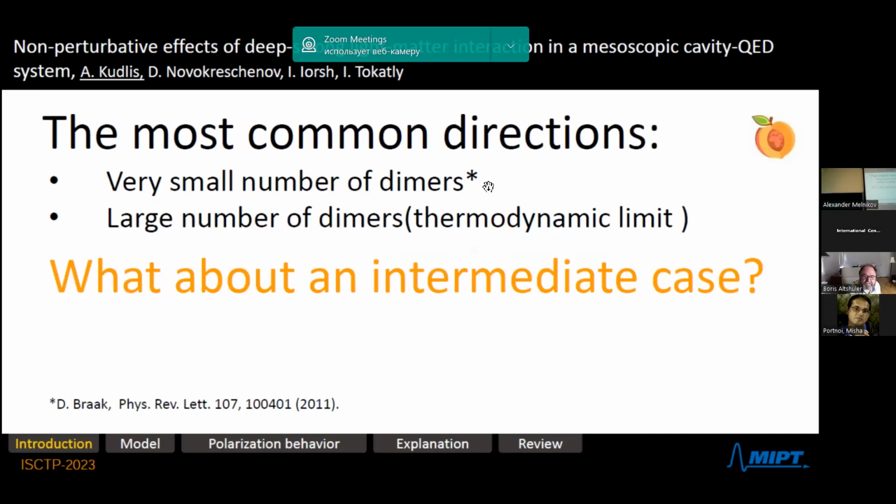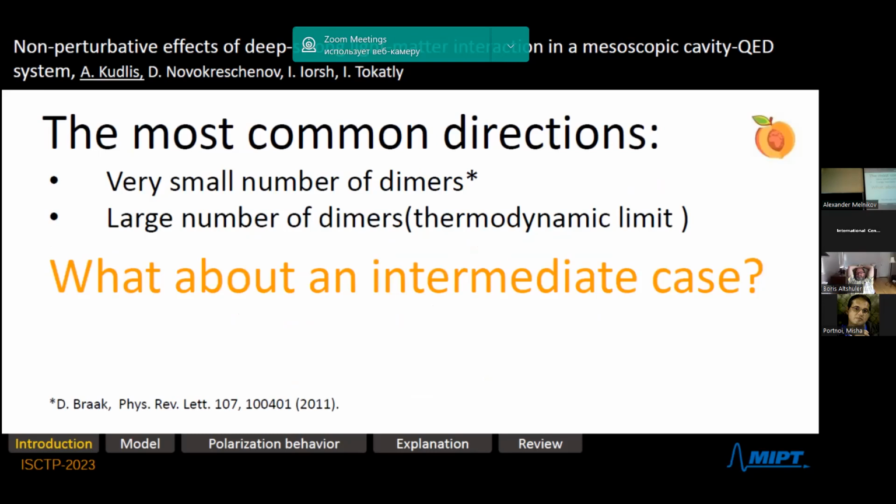So within this area, the most common direction is the analysis of two limiting cases. First of them is just a small number of, let us consider the most trivial system, just a two-level system.